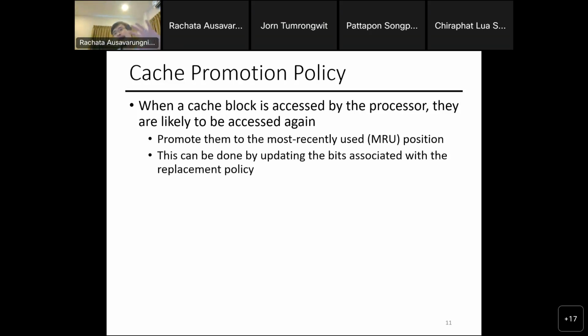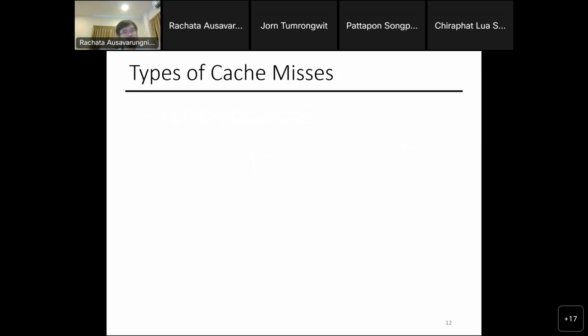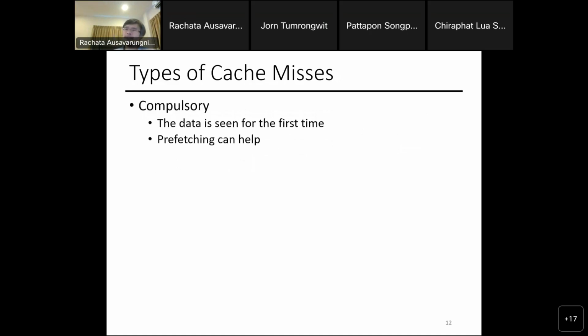All right, so we are done with eviction, insertion, and promotion. What else? There are multiple types of cache misses as well. If you look at the classes of different cache misses, compulsory. What does the word compulsory mean? It is you have to do it. It has to happen, right?